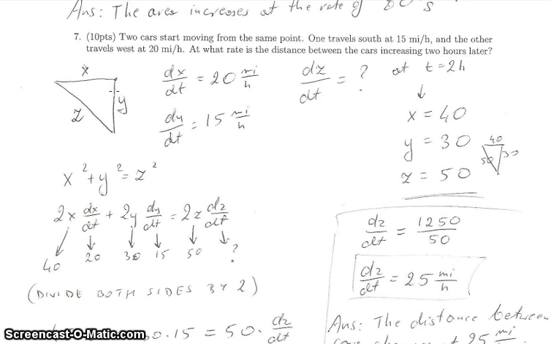Then the car moving south is moving at 15 miles per hour, which means 2 hours later it has moved 30 miles. In 1 hour 15 miles, so in 2 hours 30 miles.